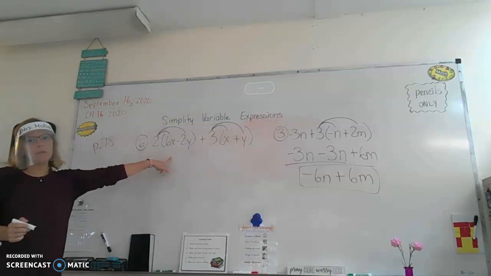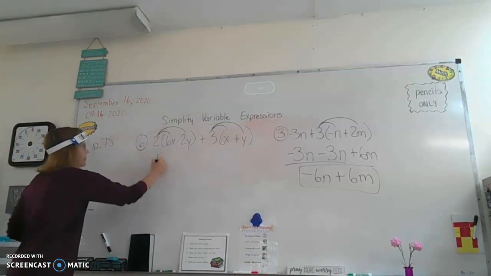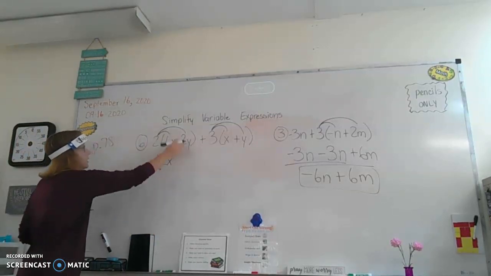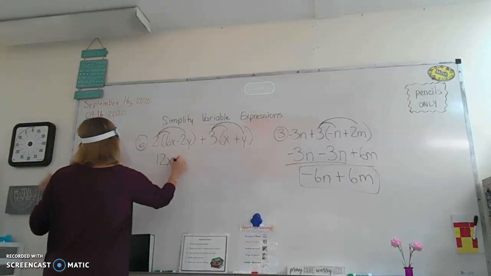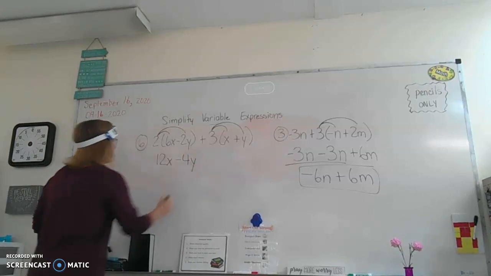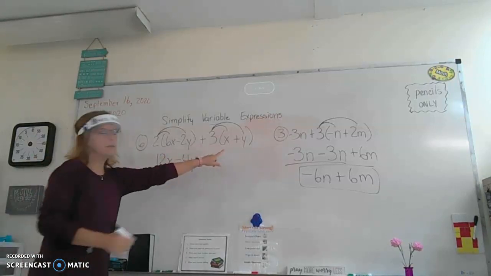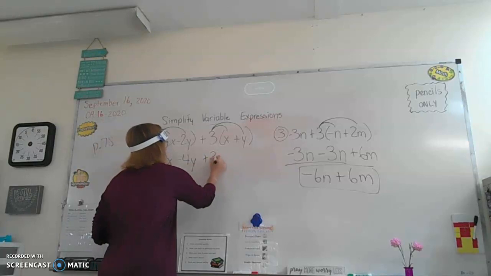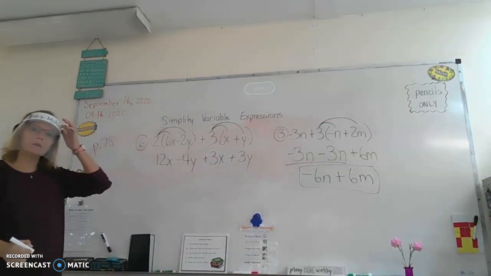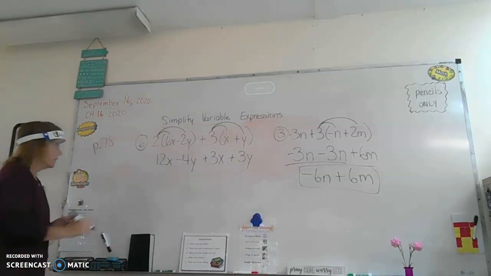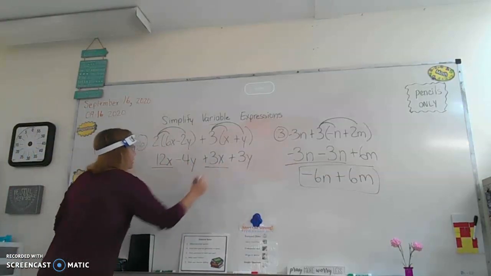So 2 times 6x is what? 12x. And 2 times negative 2y? Negative 4y. And then 3 times x? Yeah. And 3 times y? Now what can I combine on this one? The x's, yep. And what else?